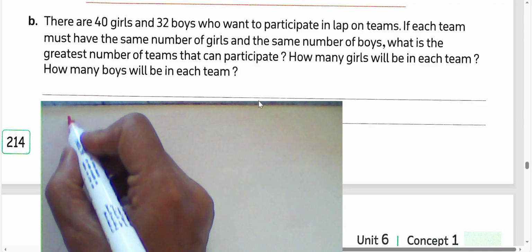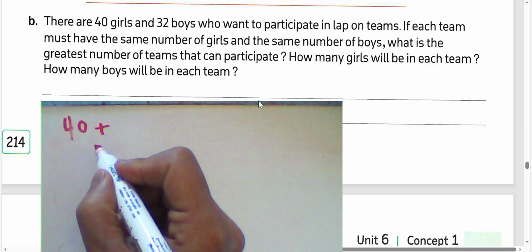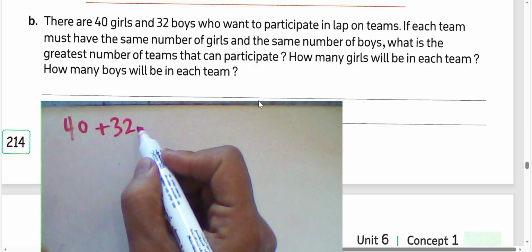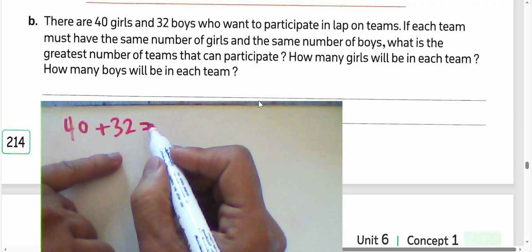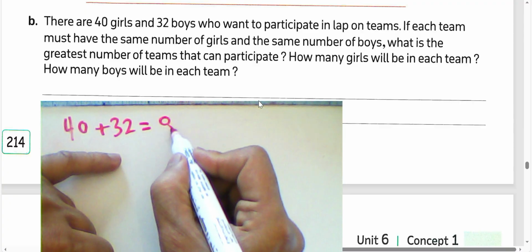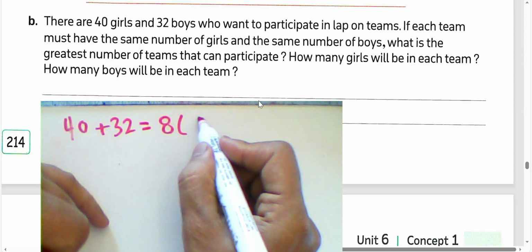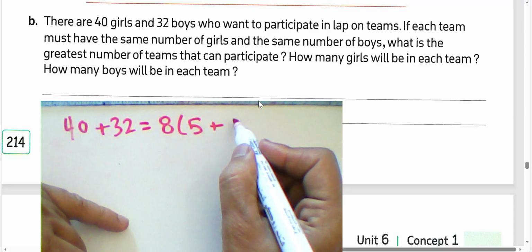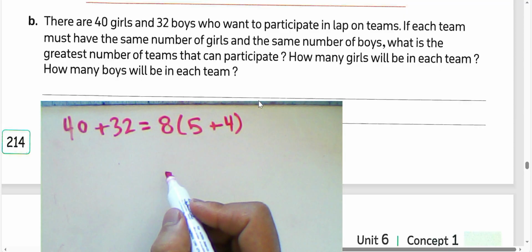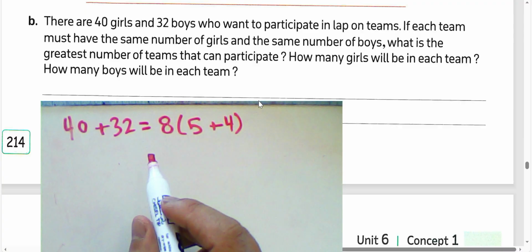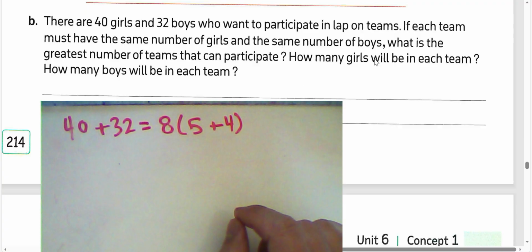We can solve this example also by this method. We can find the highest common factor between 40 and 32. The highest common factor between them equals 8. 40 divided by 8 is 5. 32 divided by 8 is 4. Then the number of teams here will be what? He asked how many teams must be made with the same number of girls.